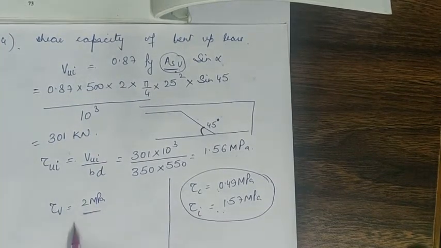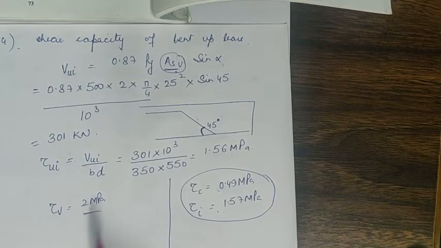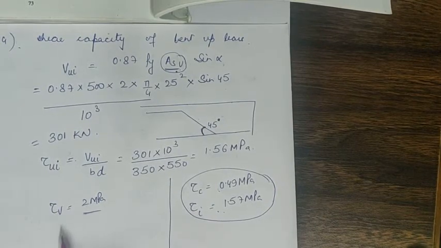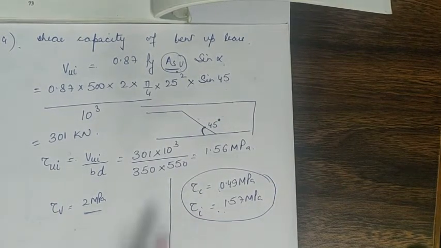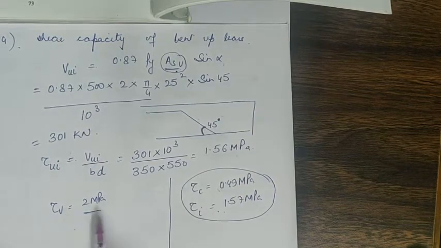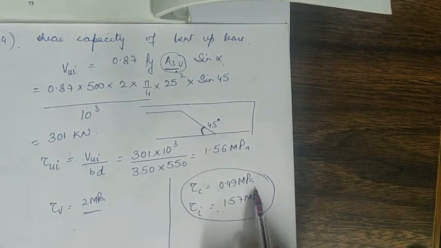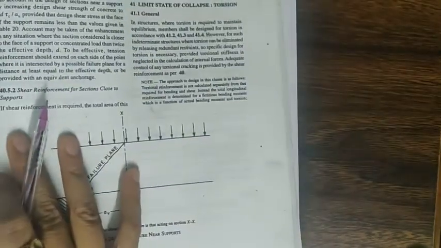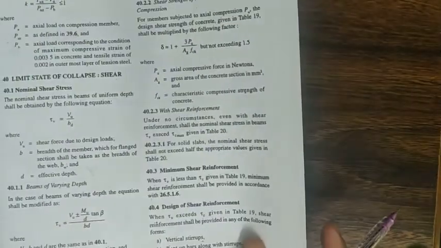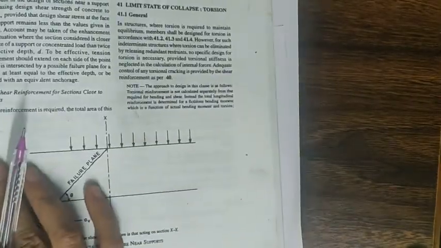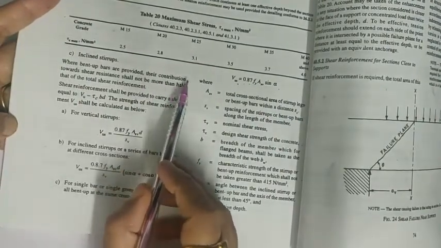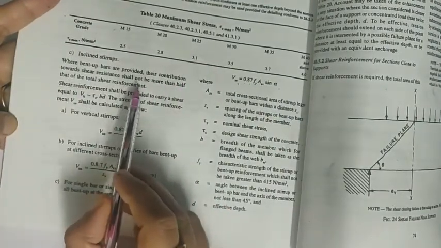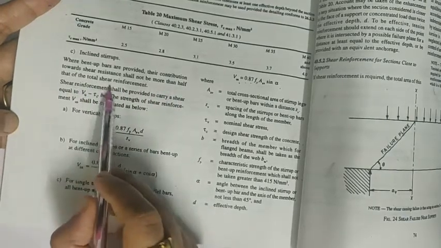So in practice, we see that actually we do not require any shear reinforcement because the whole of the shear is balanced by these two components. But then the code says in clause 40.4, when bent up bars are provided, their contribution towards shear reinforcement shall not be more than half of the total shear reinforcement.